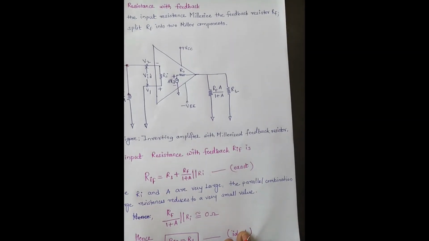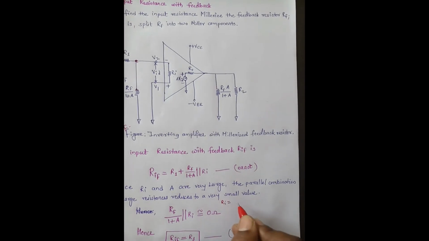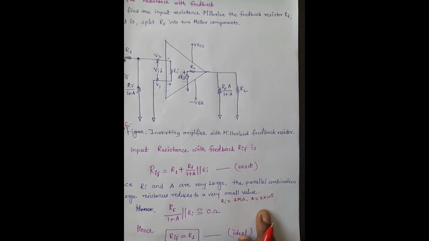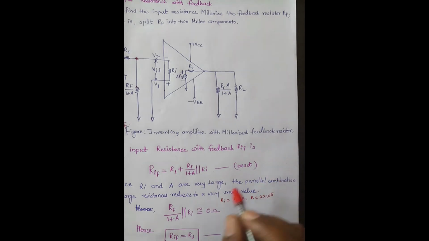We know that Ri is 2 mega ohm and open loop gain A is 2 into 10 raised to 5.